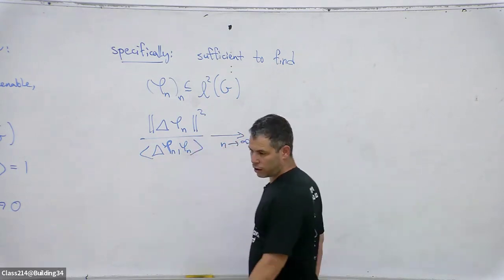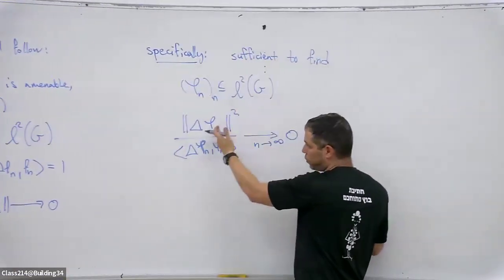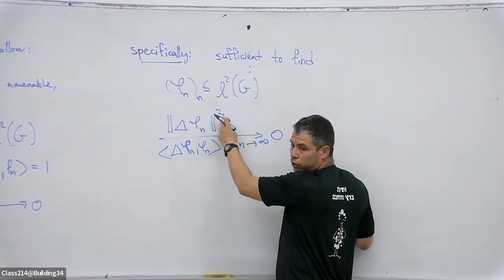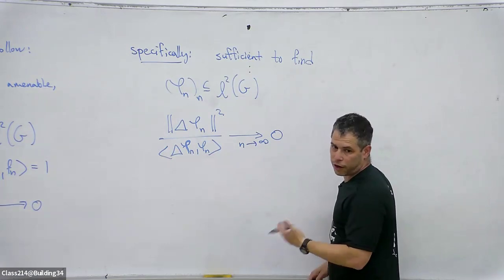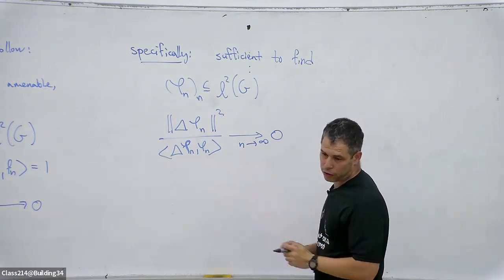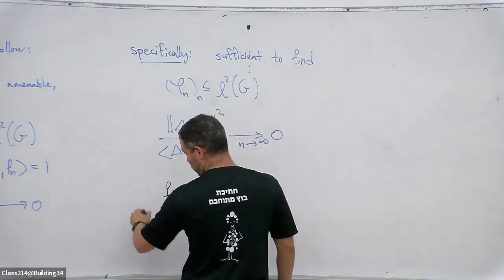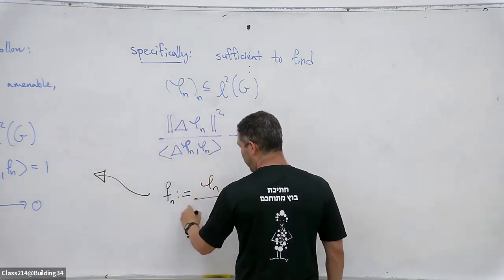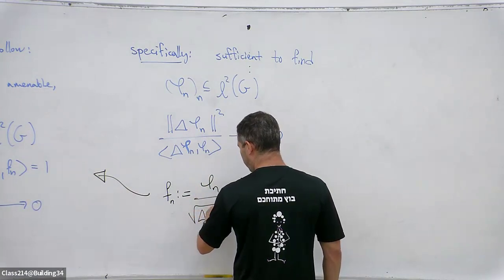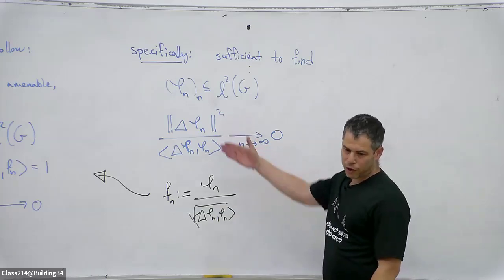Why is this sufficient? I'm going to write down why. If you found a sequence of functions in L2 such that this ratio happens, I put a square here, it's important, I want you to notice that this thing is homogeneous. Multiply phi n by a constant, you get squared upstairs, squared downstairs. You define Fn to be phi n divided by the square root of the Laplacian of phi n, for phi n's where this is not 0, otherwise it's not defined.